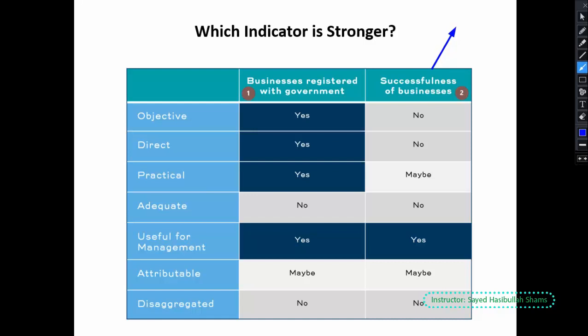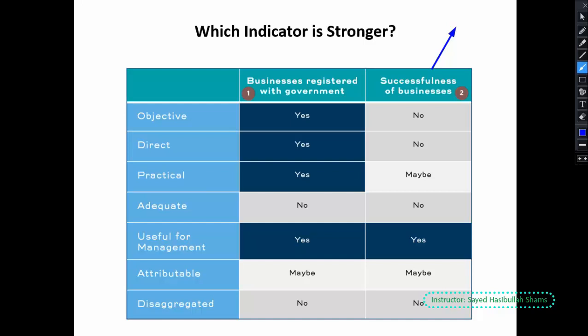So direct: it directly measures input, output, outcome, and impact, while this one does not measure directly. Practical, yes. I mean, we can get this data very easily, as it belongs to the different policies, rules, and regulations of the government, through which you can find whether the business is successful or not. Adequate.